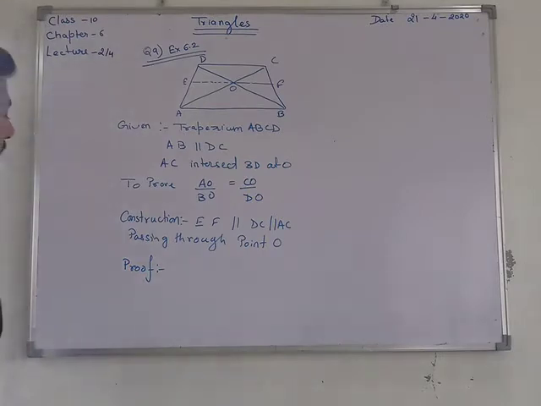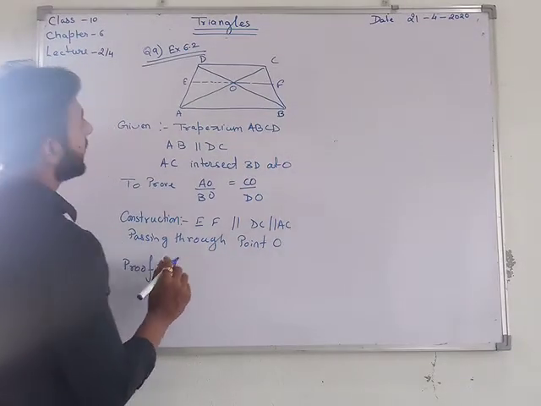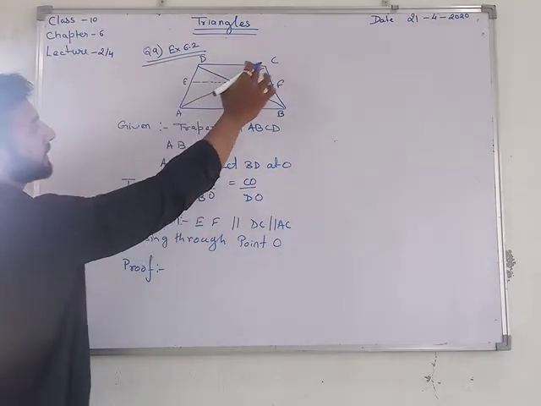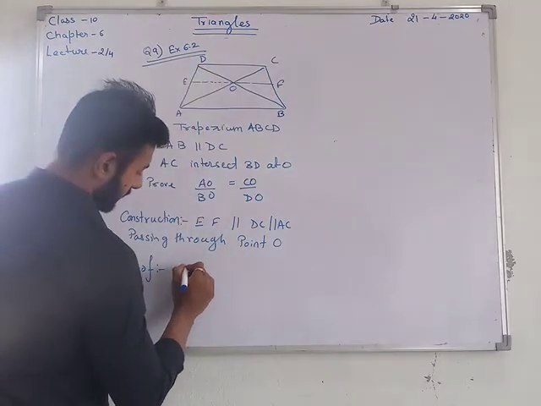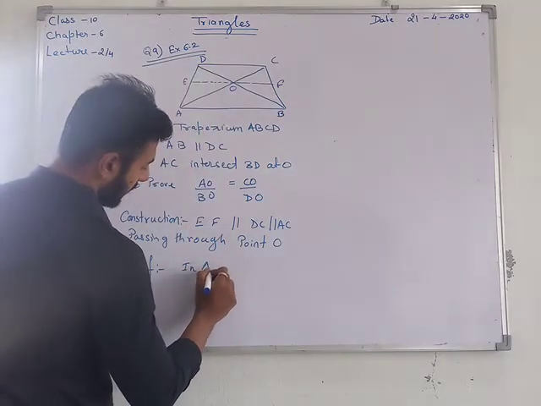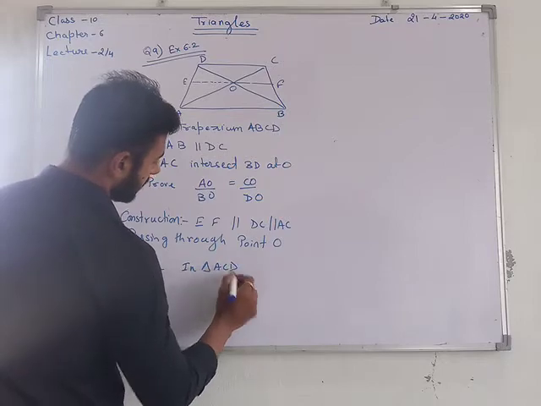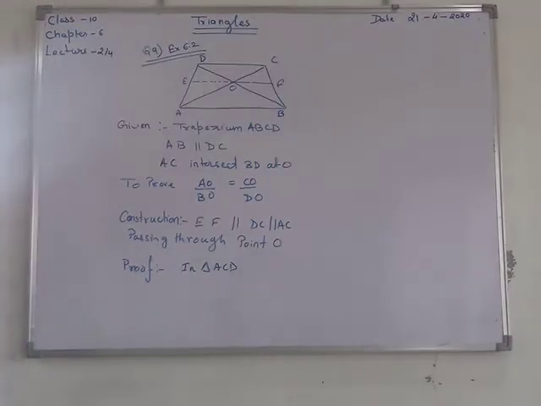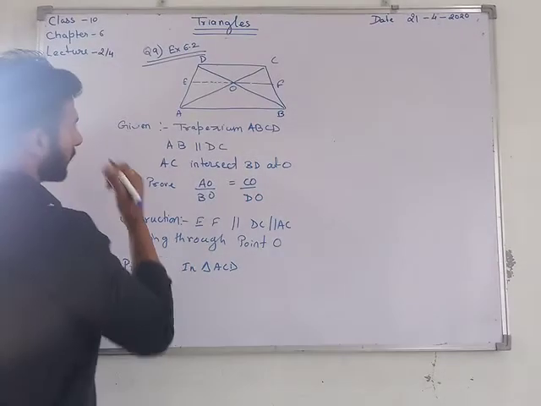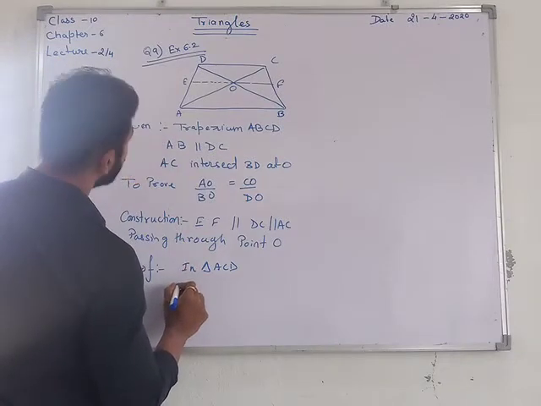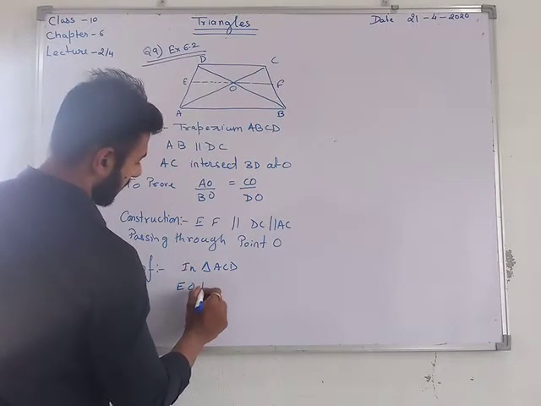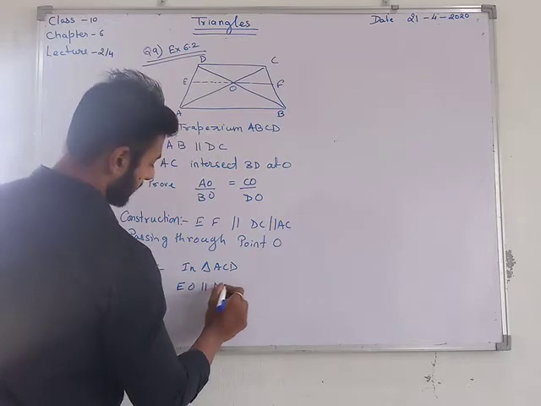Proof: we are taking first the triangle ACD. In triangle ACD, here we have EO parallel to DC.